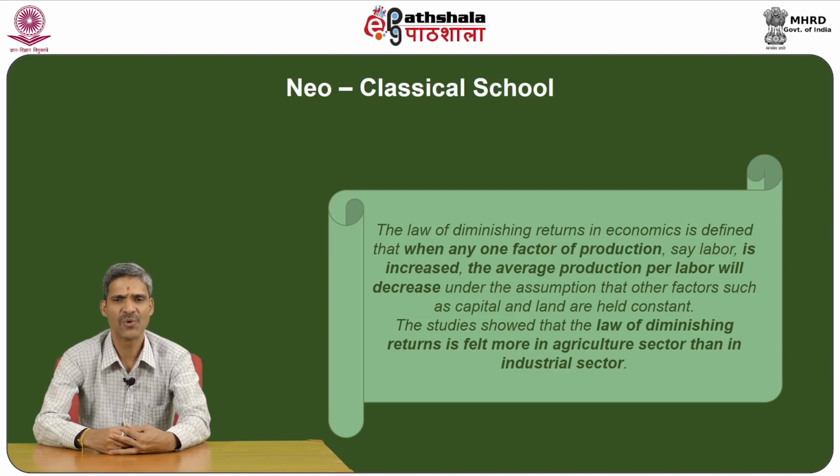Several studies showed that the law of diminishing returns is felt more or observed more in the agriculture sector than in industrial sector. That means increase in the labor that is available leading to decrease in the average production per labor would be observed more often in the agriculture sector compared to the industrial sector.